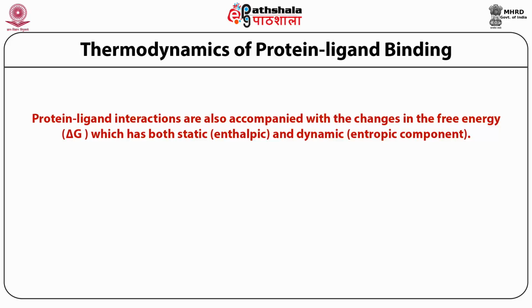So, protein ligand interaction is simple, a reaction between two species A and B, and as for every reaction, it is accompanied by free energy change, which has two components, enthalpic and entropic. Enthalpic component is also known as static component, and entropic component is called dynamic component. So, delta G is equal to delta H minus T delta S.